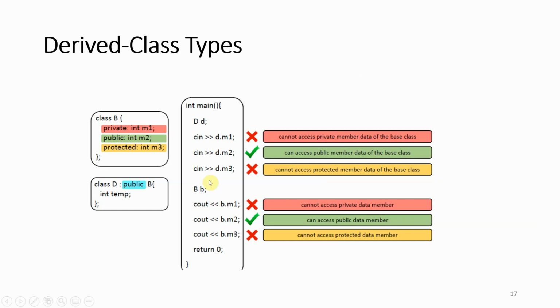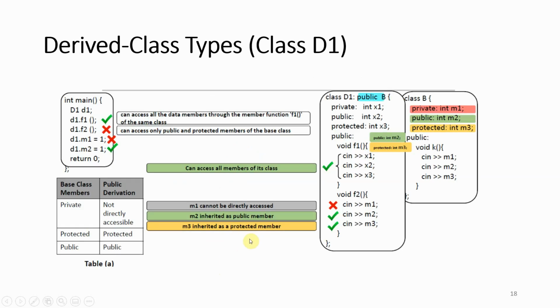Okay, so this is the reason we don't have access to M3 here, because this is not a member function. The same thing for class B. So private and protected are not accessible, but public is accessible. Another example here, class B, it also has a public member function.